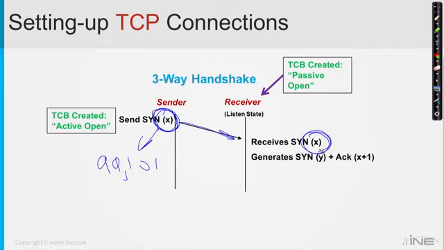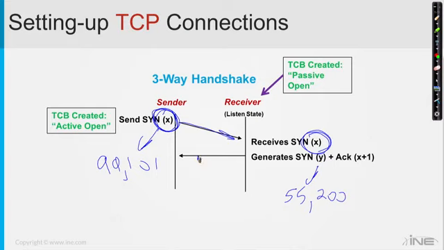He says, now what I'm going to do is generate my own SYN and send it out. I'm going to generate my own random sequence number. Maybe this is 55,200 as his initial sequence number. Now notice what he's doing.